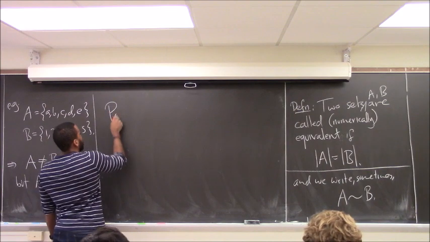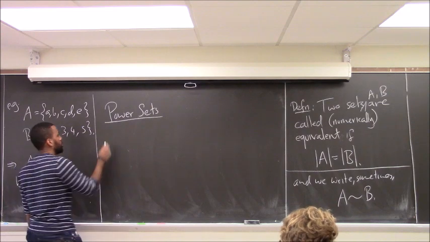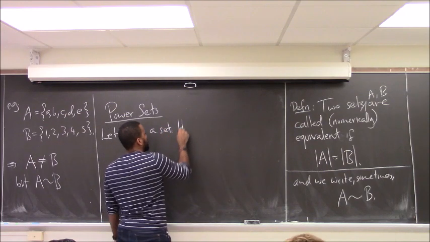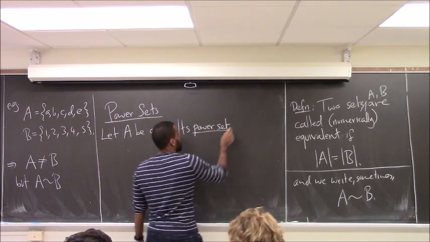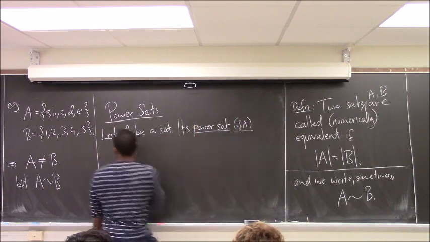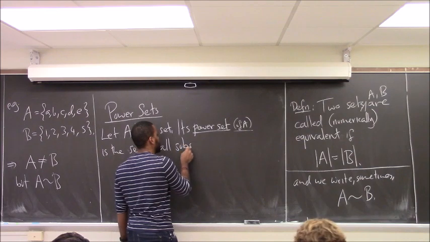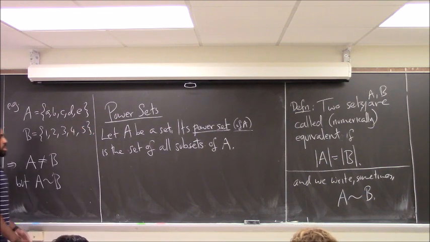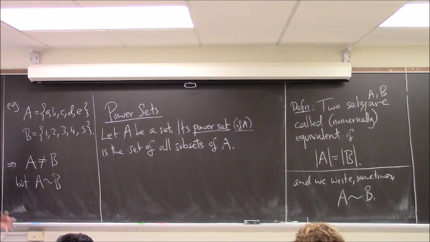What about power sets? Let A be a set. Its power set, okay, so we can call the power set of A, is the set of all subsets of A. So you take a set, think of every possible subset that you can create from this thing, and collect those in a set, and you've created what you call a power set.